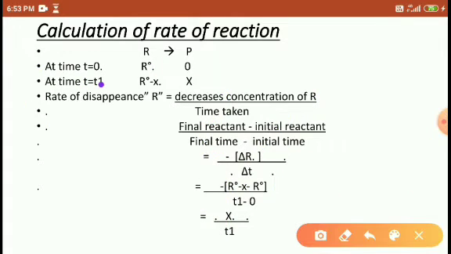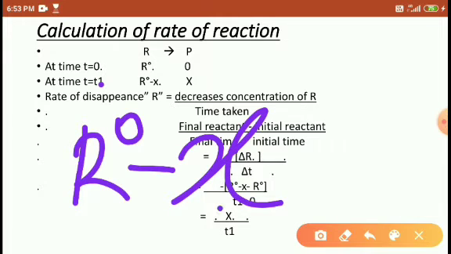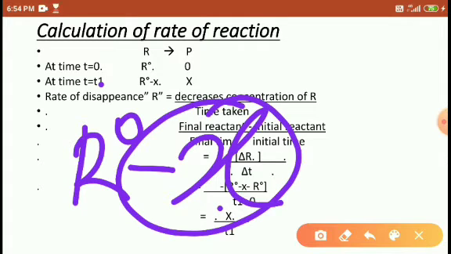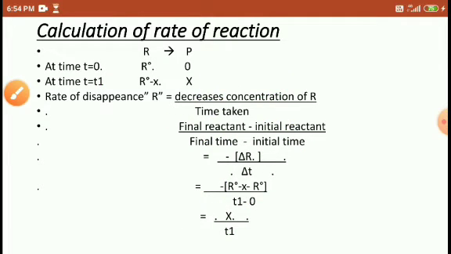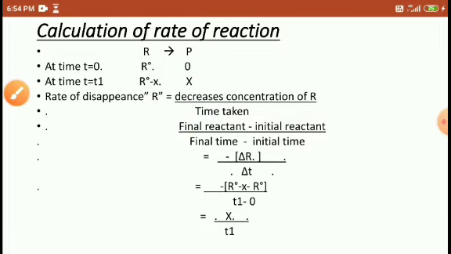So in the time t1 minutes, the R naught concentration decreases by x, and this x is transferred into the product P. So it means the reactant concentration decreases by x, which is transferred into the product P, right students?